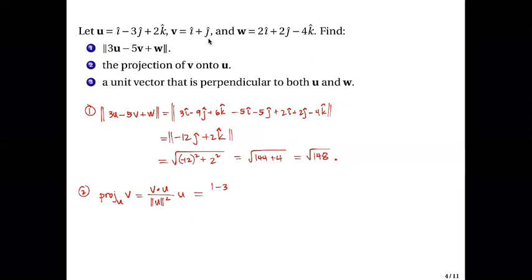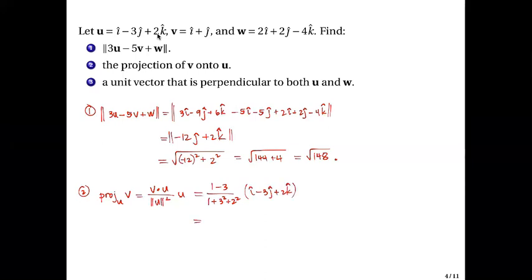And this does not have any k, so 0 times 2, that's 0. Divided by the magnitude of u squared, so this is just 1 squared plus 3 squared plus 2 squared. And then the vector u, it's i hat minus 3j hat plus 2k hat.